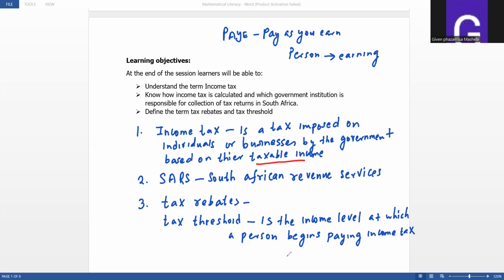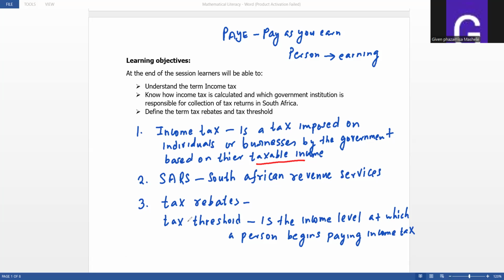So what does this mean? It means that if the taxable income of a person is bigger than or equal to the tax threshold, then that person is eligible to pay tax. But if the annual income of an individual is less than the tax threshold, then that person is not obliged, is not eligible to pay tax.